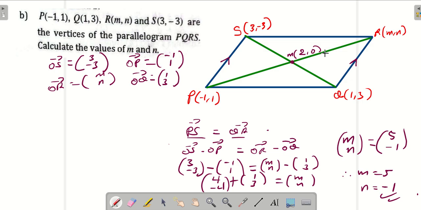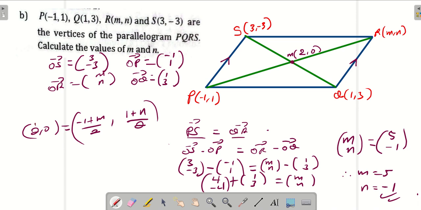Therefore, we can also find M and N if the midpoint of PR is (2, 0). Are we okay? So (2, 0) should be equal to the midpoint, which is negative 1 plus M divided by 2, then 1 plus N divided by 2. Good.